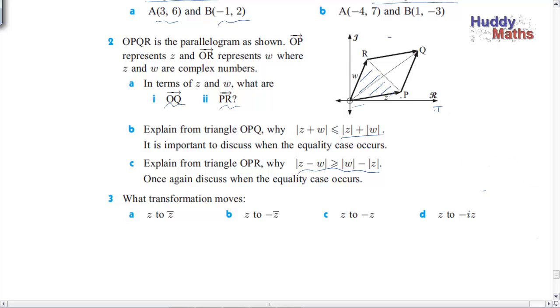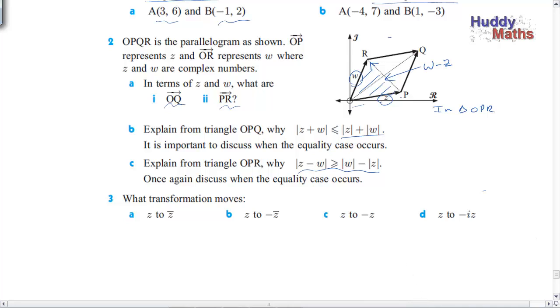So in triangle OPR, what can you say? Well, you've got sides W and Z. What did we say this would be? This would be W take Z, right? If we go that way, W take Z. So the sum of vectors around a closed figure, that would be W take Z. Now use this one, that's important.